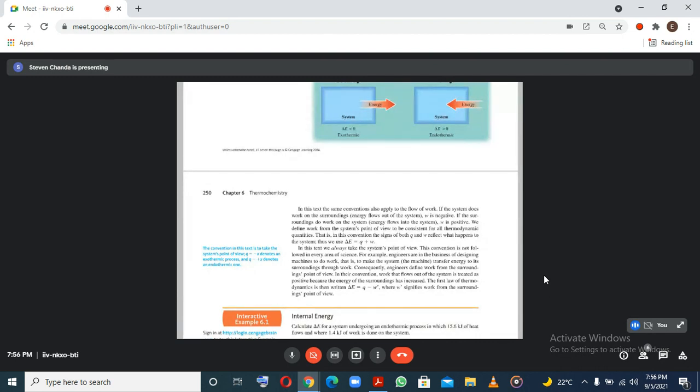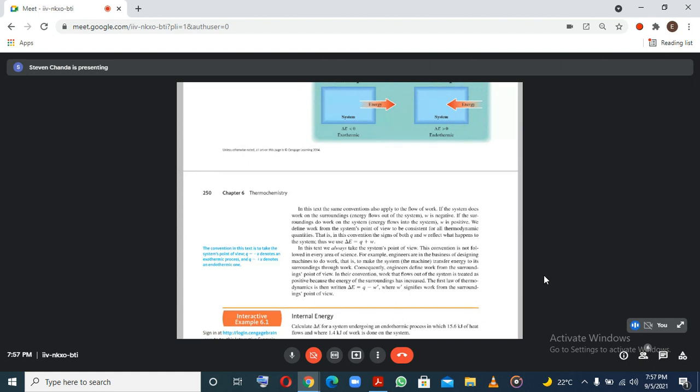If this is an endothermic process, then is the heat going to the system or out of the system? It's going into the system, so that value is going to be a positive value, remember that.